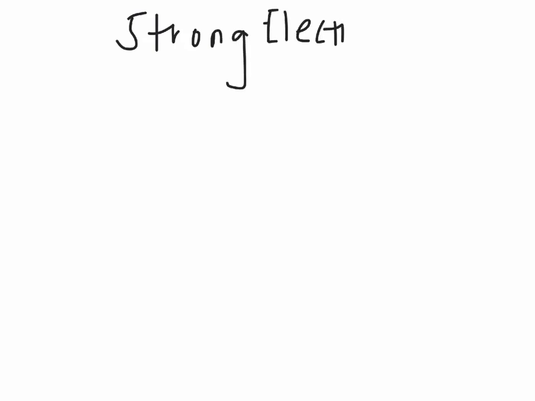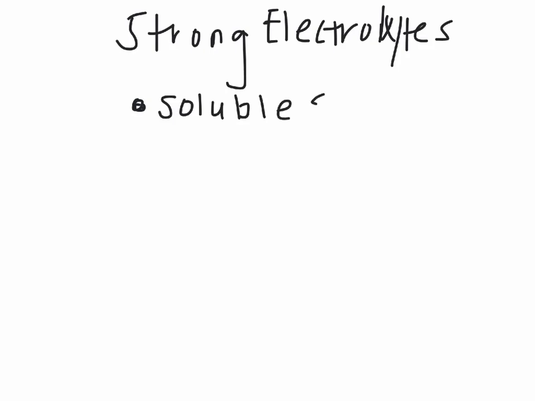All right, so let's first talk about strong electrolytes. We got a few different versions, okay? These are going to be anything that separates within water, or is completely ionized when dissolved in water. So things that dissolve will be our soluble salts, such as sodium chloride.